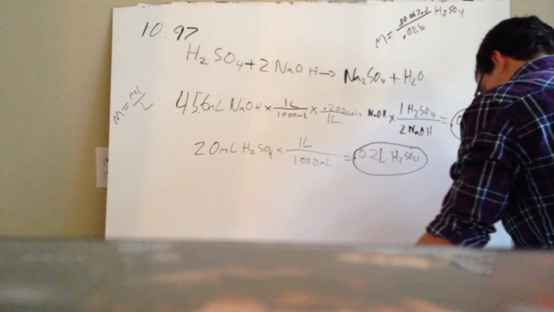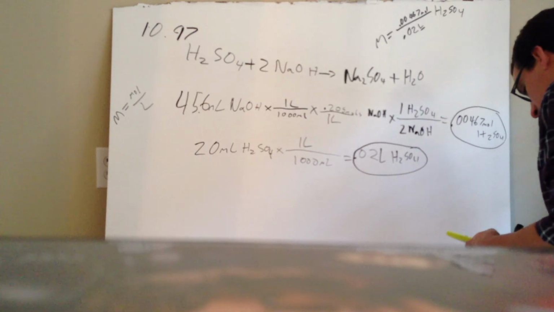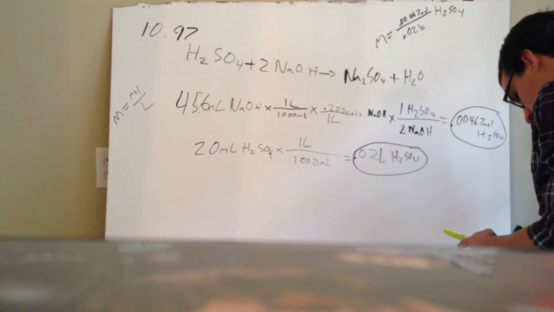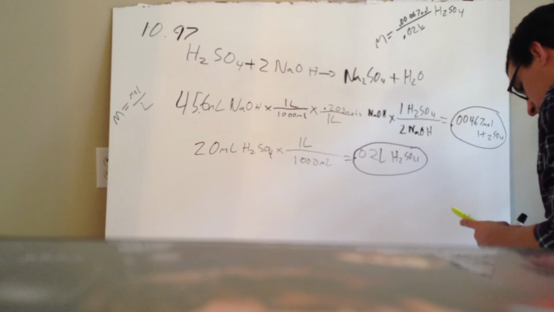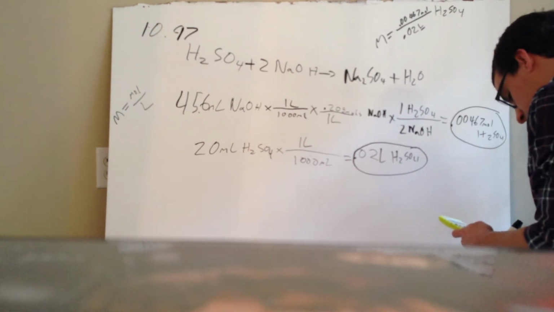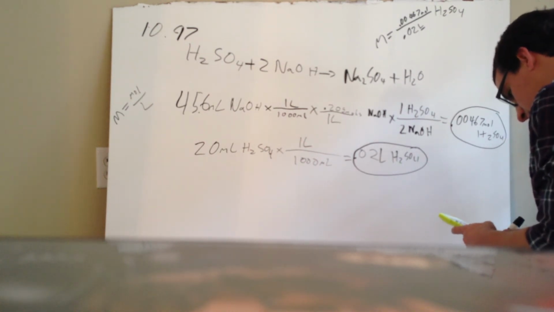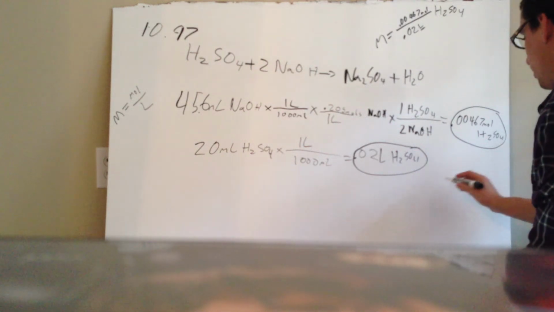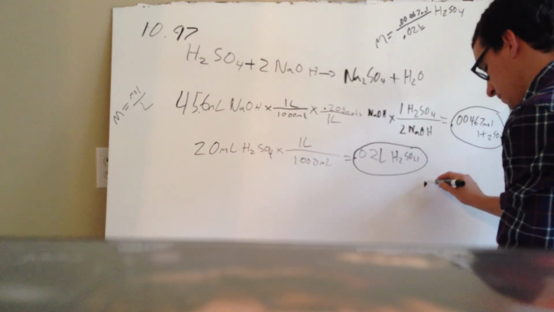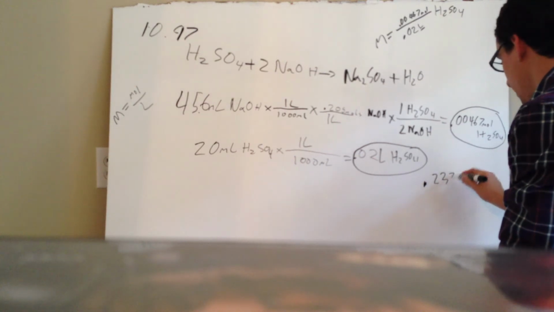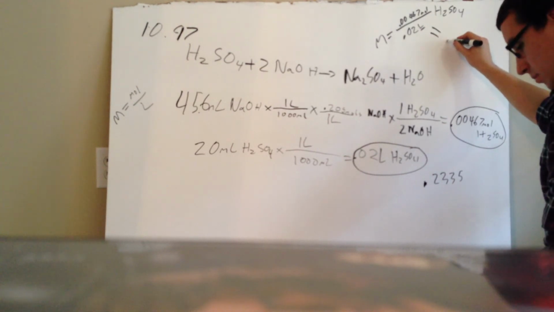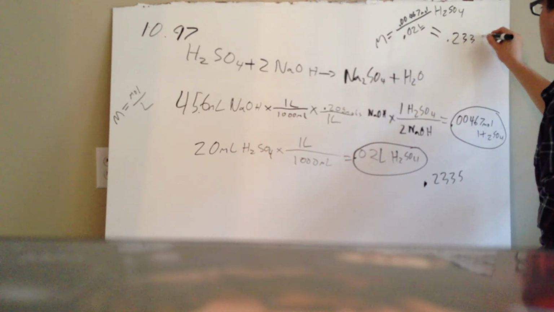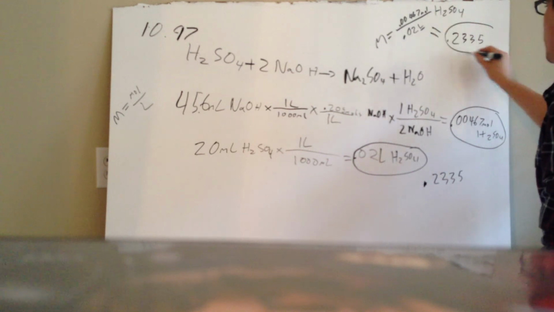Now let's do the math: 0.00467 divided by 0.02 gives 0.2335, and that's our molarity of H2SO4.